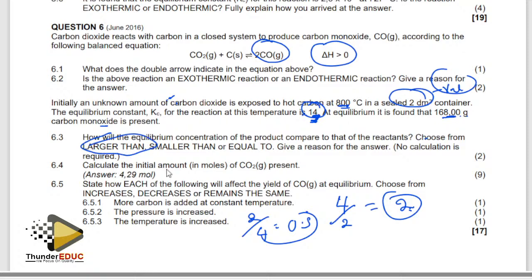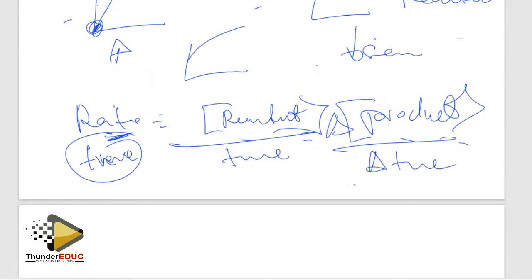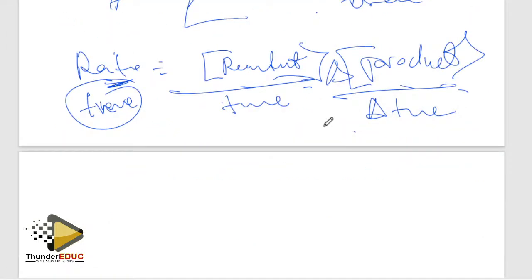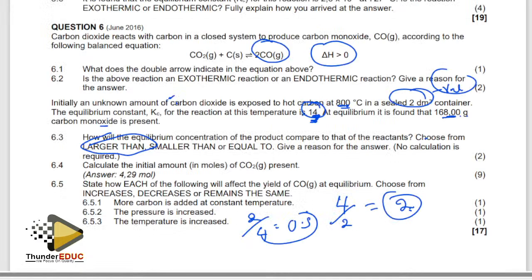Then, calculate the initial amount of carbon dioxide present. So in this case, what are you going to do? You have to use the RICE method, and then we are able to get everything here. I don't know what you are using, but I call it RICE.